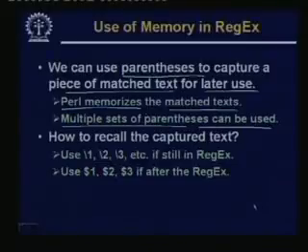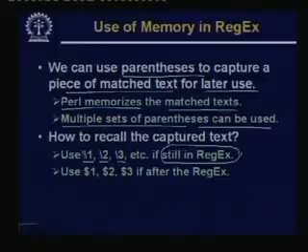The first thing is how to recall the captured text, because whatever you specify in parentheses will be remembered. There are two ways. You use \1, \2 or \3 if you want to use the match text while you are inside the regular expression itself, the same regular expression.